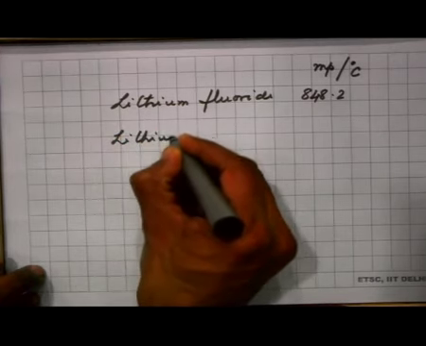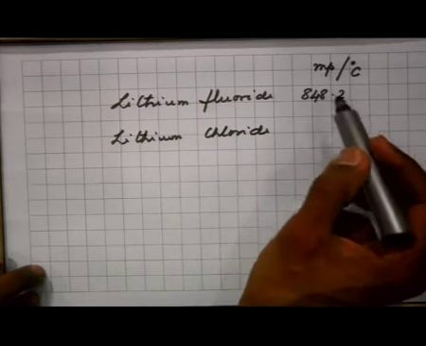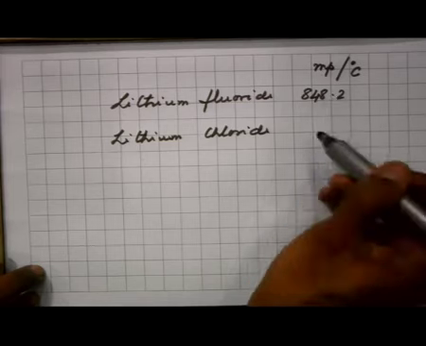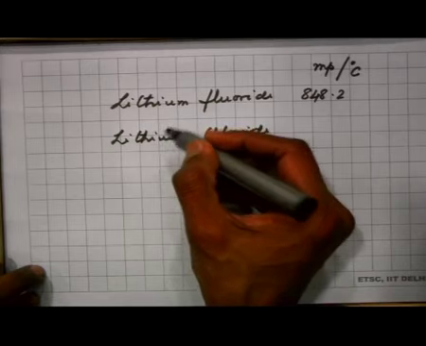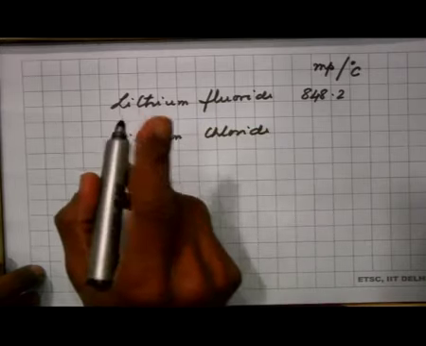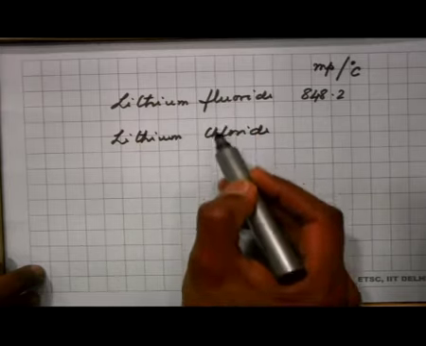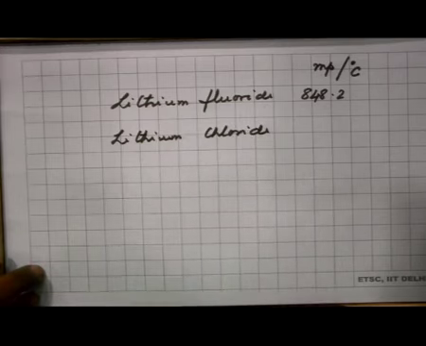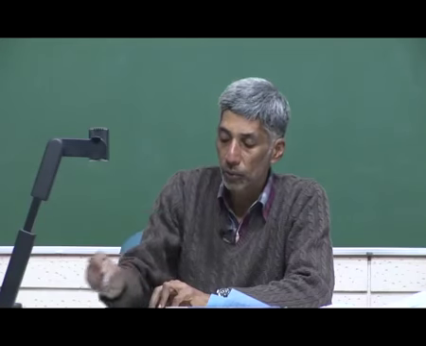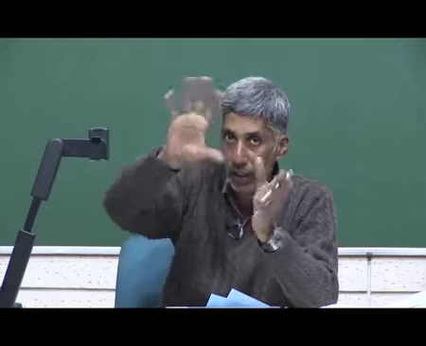Lithium chloride, what do you expect? The melting point of lithium chloride would be greater or less than lithium fluoride. If you have an understanding of the electrostatic interaction and the electronegativity of fluoride and chloride and their sizes, then you would be able to predict it. As you go down the periodic table, we know that the size of the ion would increase, which means that the same negative charge is distributed over a larger space.